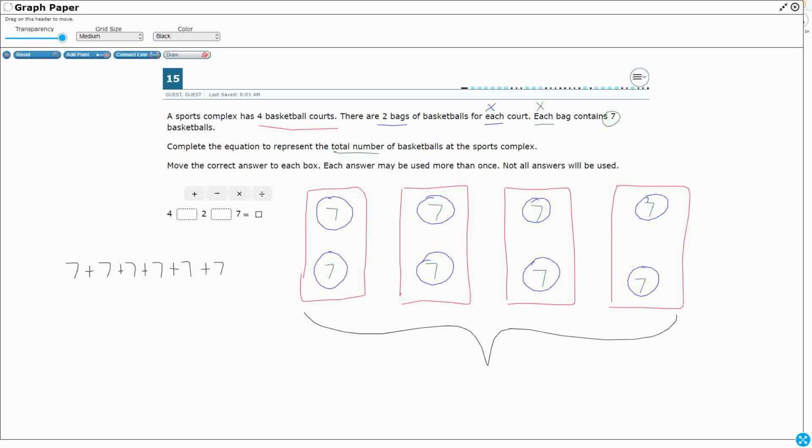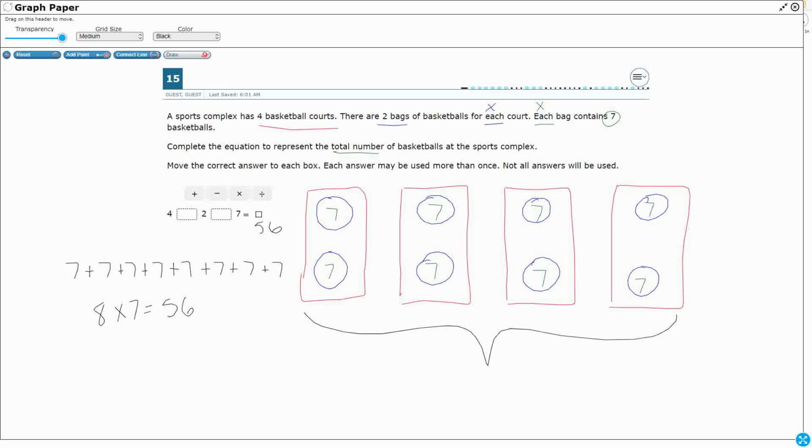I've got 8 sevens, so 7, 14, 21, 28, 35, 42, 49, 56. But you notice they're not asking me how many basketballs I have. They're asking me, how do I represent that?